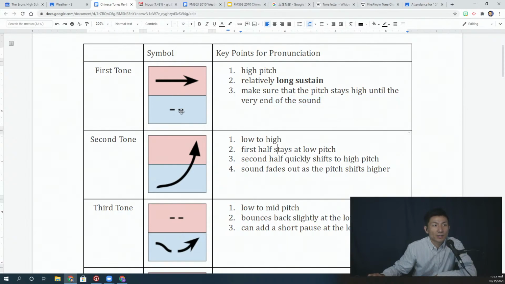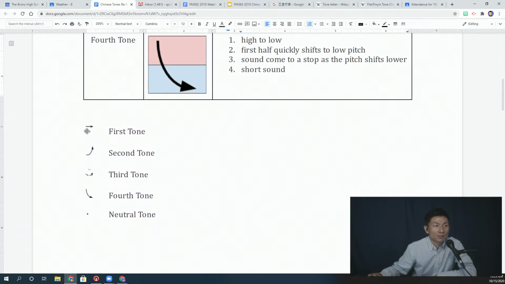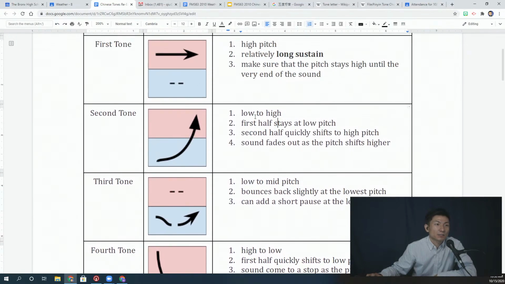I put the 2 dots on the low domain part so that it's visually elevated. If I didn't put anything there, I feel it's kind of weird. So that's why I put the dots here on the first tone. And for the third tone, I also put 2 dots here to indicate the third tone is in a low pitch domain.